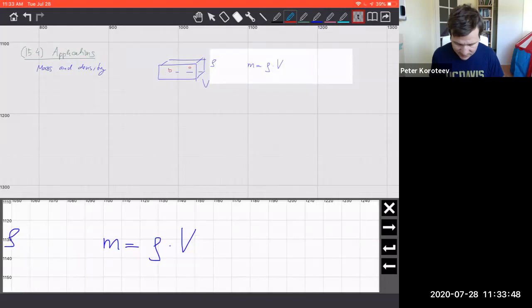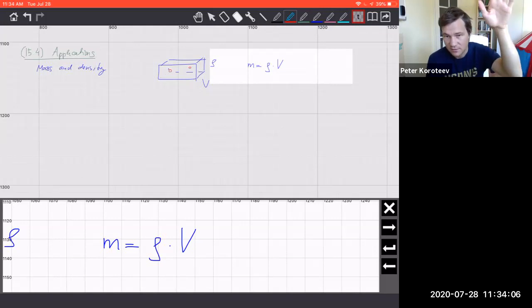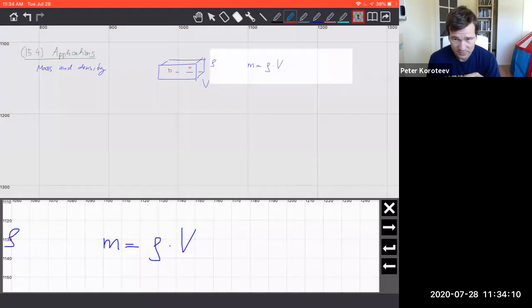But of course, you understand that in nature, almost nothing is uniform. And then the density is a function of coordinates, right? It changes. So for example, the air in the atmosphere. The density of the air is bigger where we live than above in the mountains. When you go to 10,000 feet, it's like 30% of the air, of the pressure.